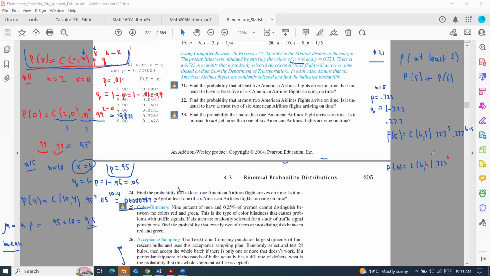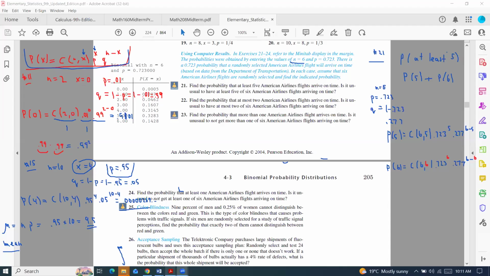Okay. And to finish up, I have 0.277. And this is also raised to the power of 6 minus, and now I go 6 minus 6. So that's going to be 0. Yeah, doesn't matter. Power of 0 is 1, so it doesn't matter to us. We'll let the calculator now simplify this for us.